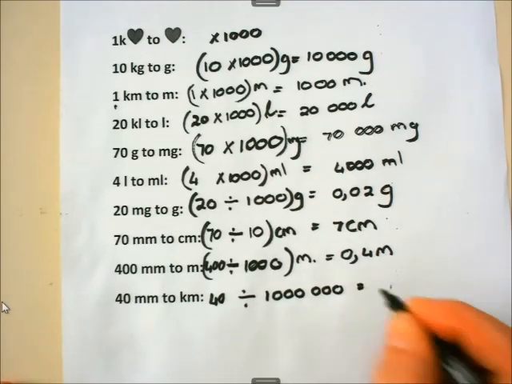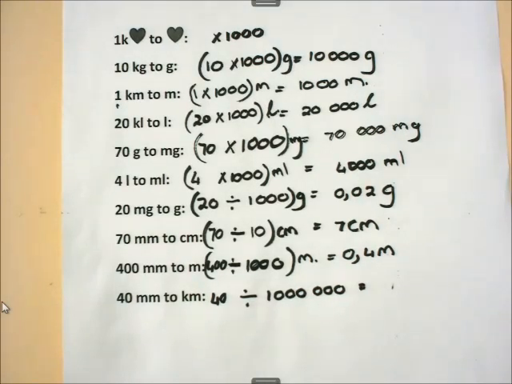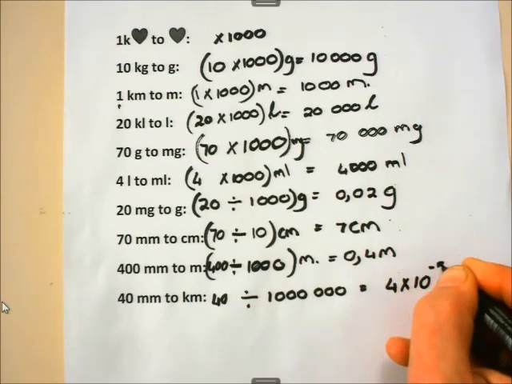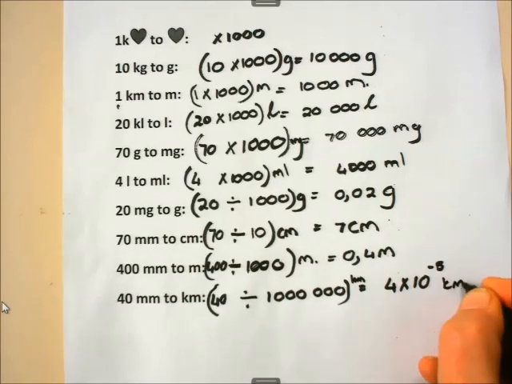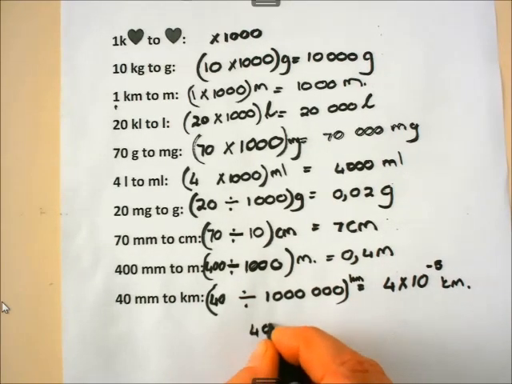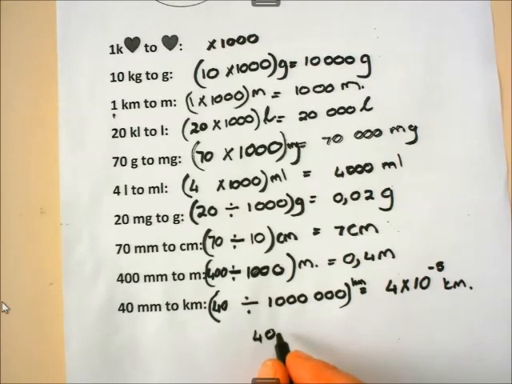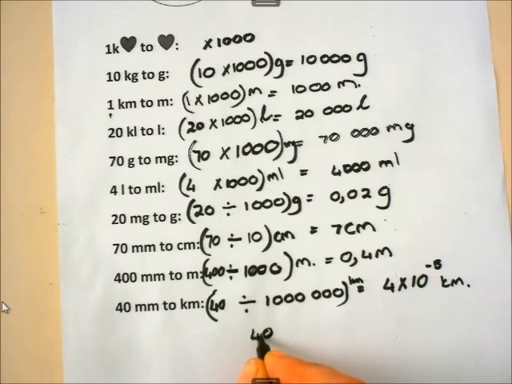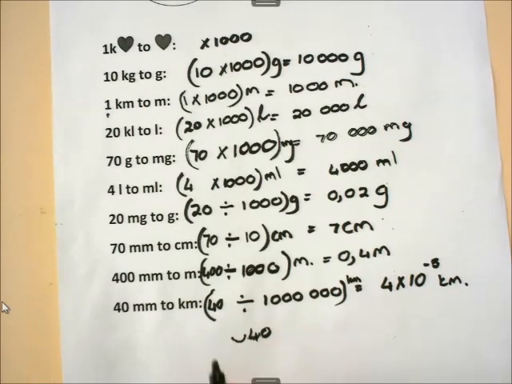Okay? And now you can do that on your calculator, but you must be careful. The calculator may show you a strange format. Instead of doing that, you can write it out: if I am going to take 40 and divide it by 1 million, I'm going to count 1, 2, 3, 4, 5, 6.